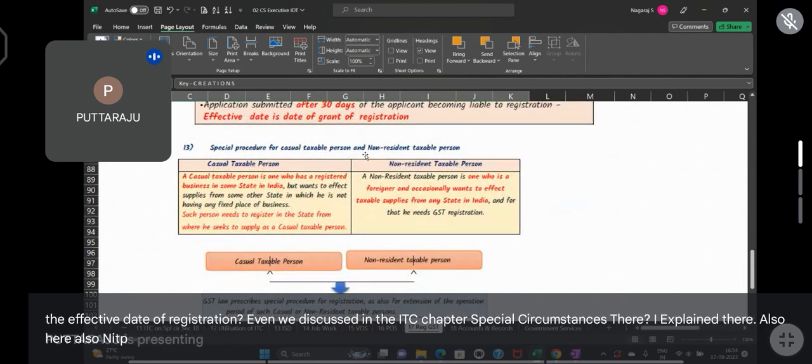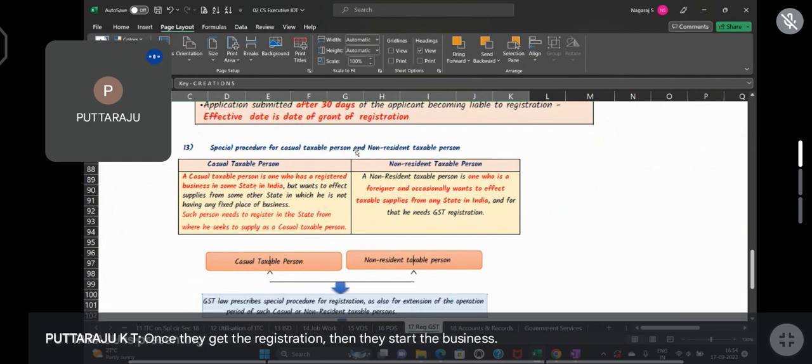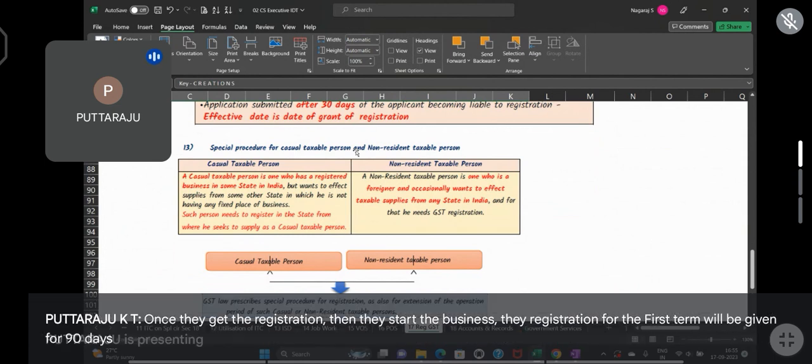NRTP and CTP have to get registered before they start doing business. They have to apply for registration 5 days before. Once they get the registration, then they start the business. The registration for the first term will be given for a maximum of 90 days.